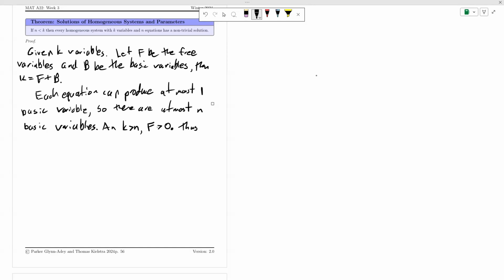Thus, our solution vector has at least one free variable.